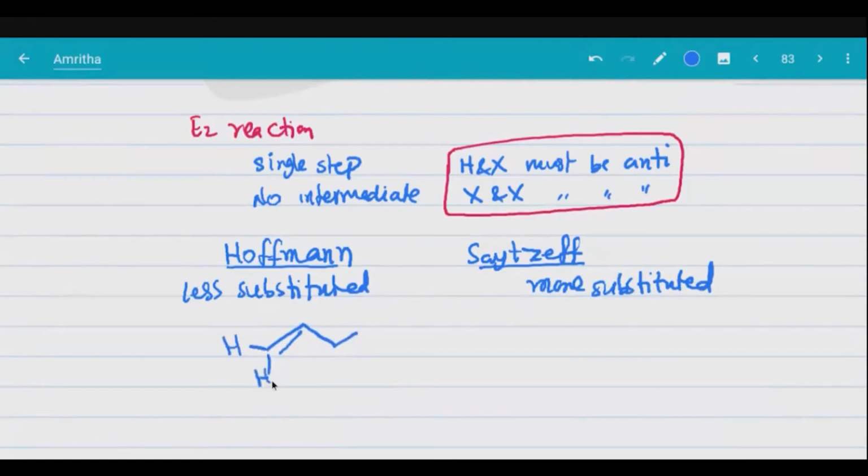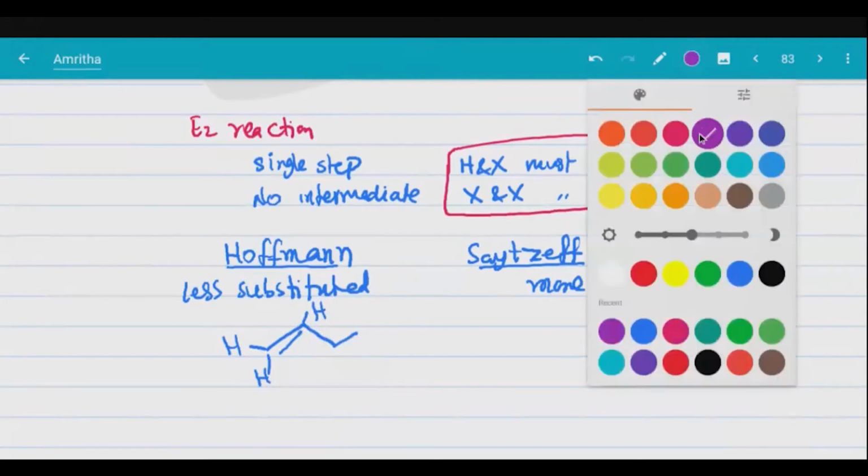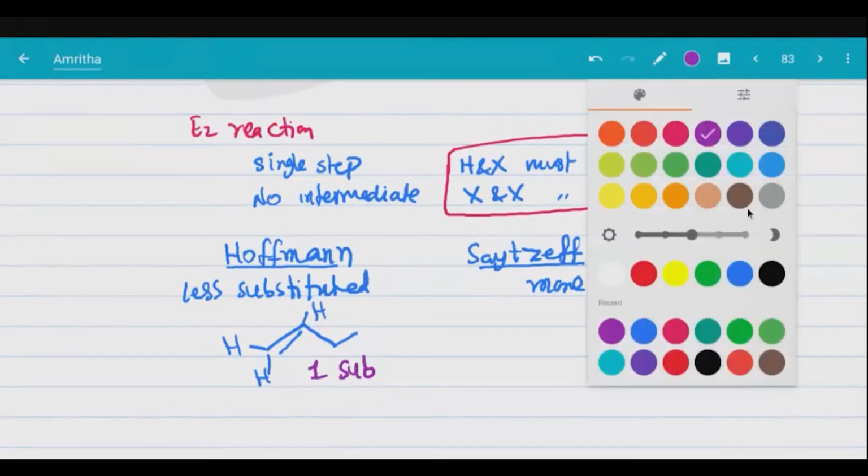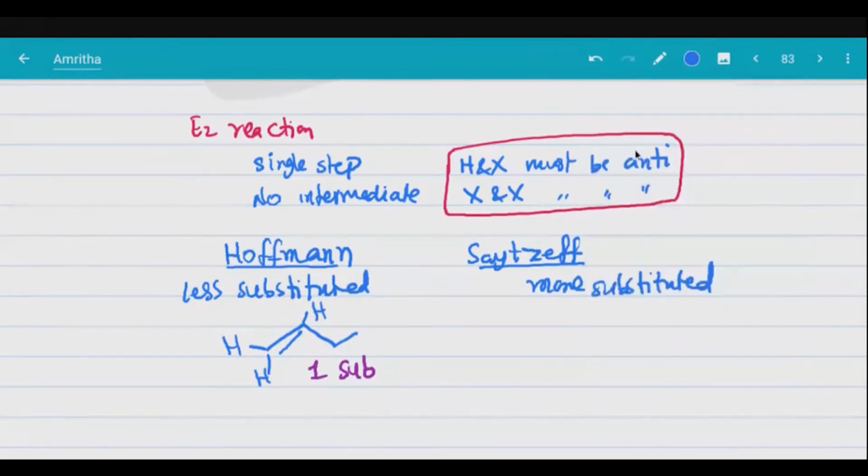How many substituents are present here? Other than hydrogen, anything is called a substituent. One substituent only. This is one substituent, one alkyl group. But see this one. This has 2 substituents.